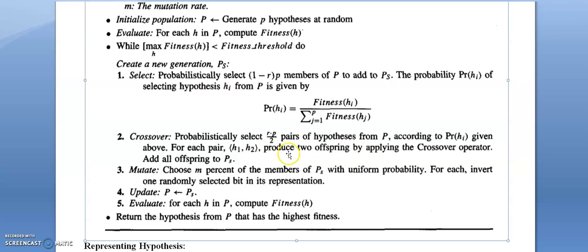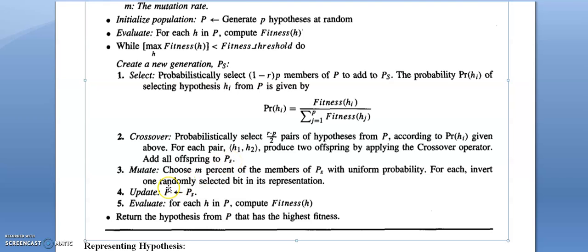And now this generated offspring is added to the new population PS. Okay, now we have selected these many pairs of hypotheses and applied, considering any two at a time, the crossover operator to generate the offspring that is the best outcome of these two hypotheses, and we have added this to the new population.